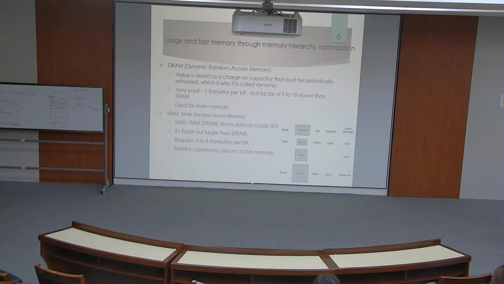So there are three different factors that we need to take into consideration when we talk about memory. We have to talk about the size of the memory, the speed of the memory, and the cost of the memory per GB.